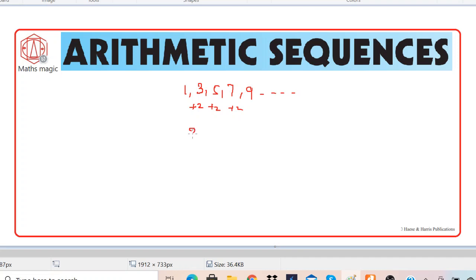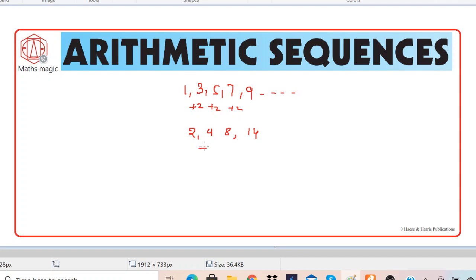Let's say you are having 2, then you got 4, then you got 8, then you got, let's say, 14. So just look at the pattern.